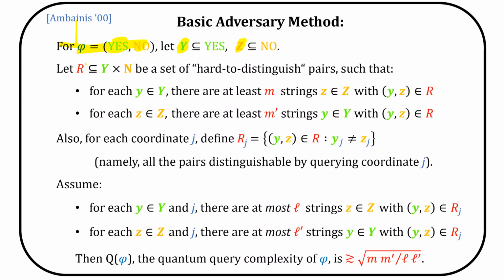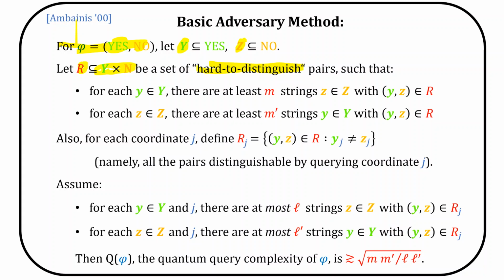Now we're going to let capital R be some subset of pairs, that should say Y and Z, not Y and N, some set of pairs from Y and Z, which will be quote-unquote hard to distinguish. Before, R was just all the pairs that differed in exactly one coordinate, that had Hamming distance 1. But that's not necessarily how it's going to be in the basic adversary method. There's just going to be some subset of pairs.